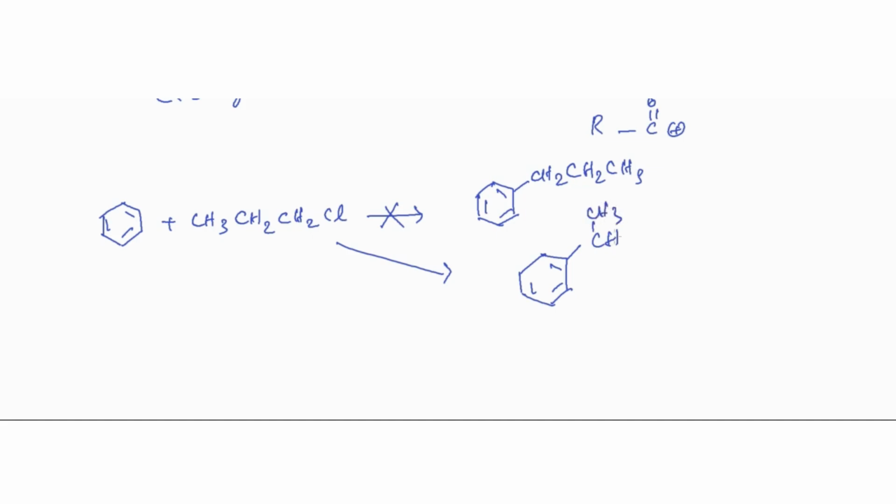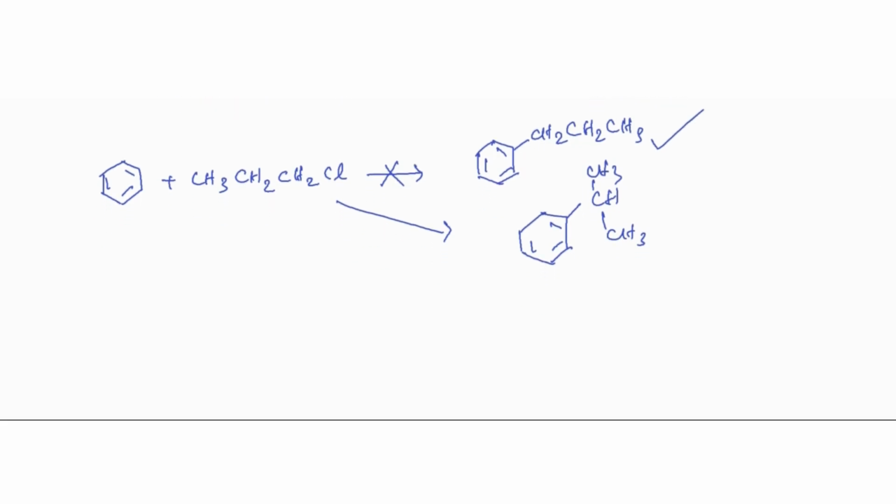Now if you want to synthesize this one, how can we synthesize it? Here the Friedel-Crafts acylation method will help us to synthesize this compound. For example, you choose this reagent, you take this acyl chloride like this.